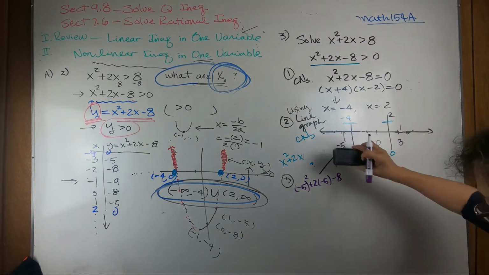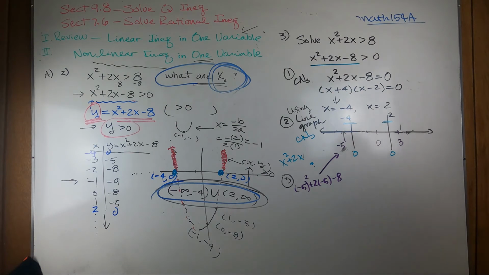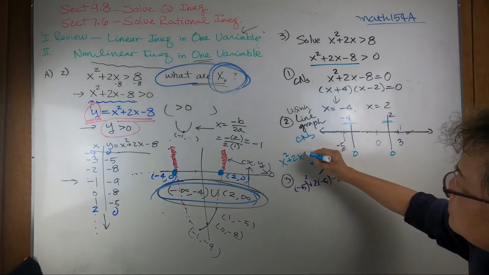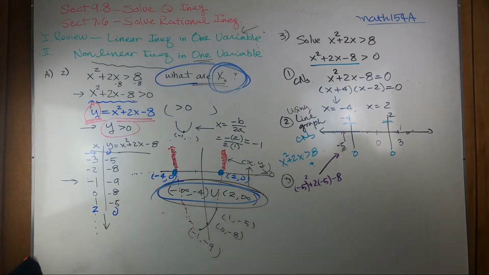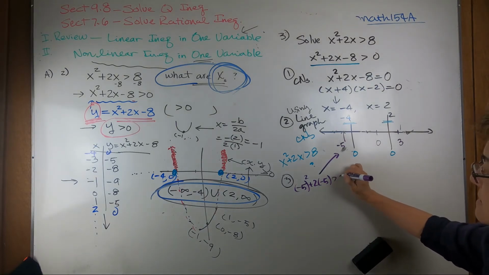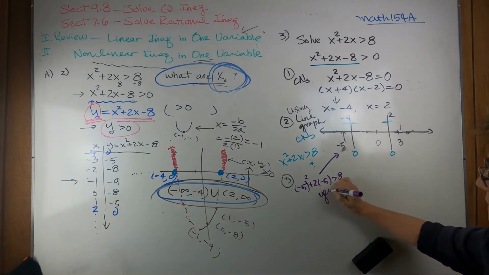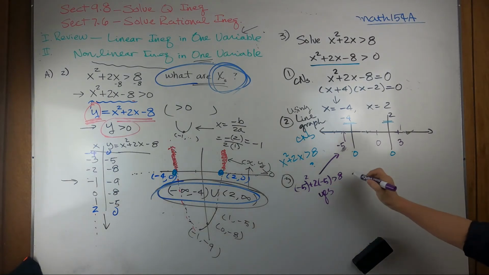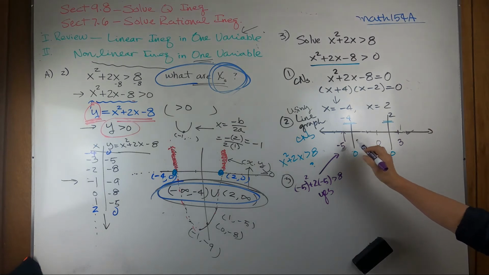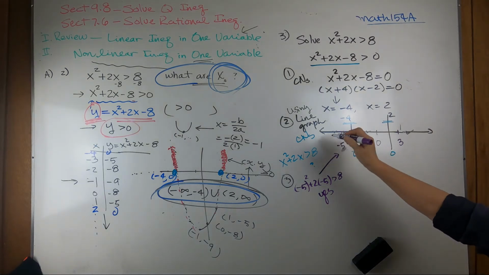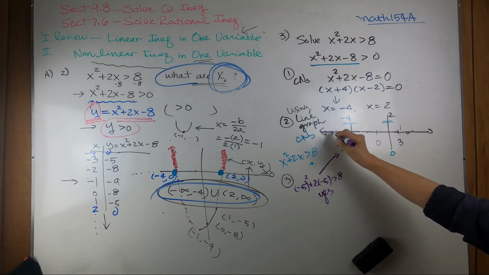We don't have to do the standard form. Let's check. Is this bigger than 8? 25 minus 10, 15. Yes. So if negative 5 tests okay, it means everything in that same region will work.